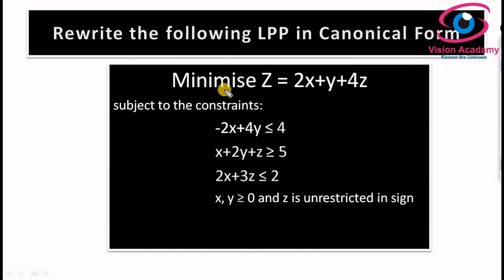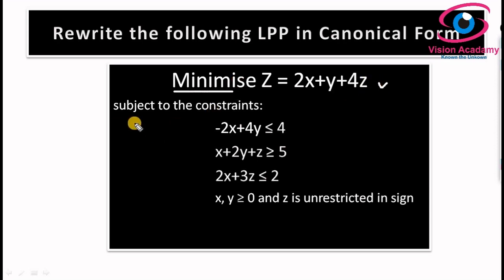Well, this is a problem. We have to rewrite the following problem in canonical form. The problem is: minimize z equal to 2x plus y plus 4z. Very importantly, concentrate. There are three characteristics of canonical form. It must be a maximization type, but this is a minimization type, so we have to give treatment here.